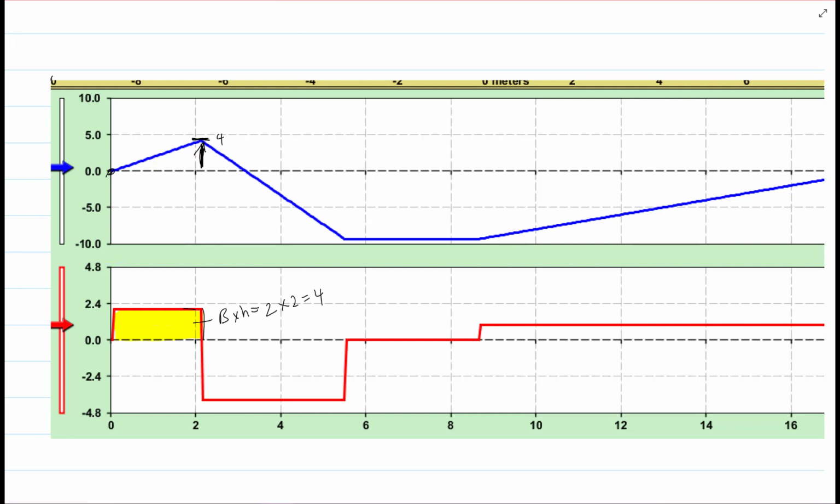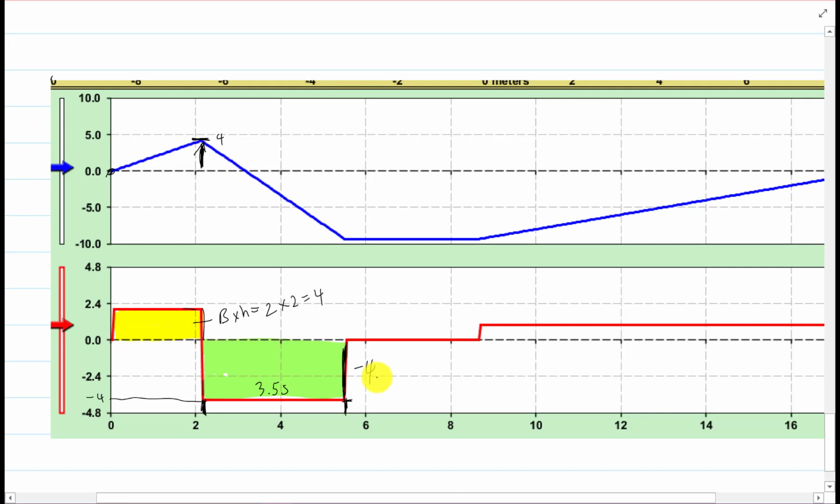And then for this area here, we have to go right to the 0 line. The base goes from just after 2 to 5.5. I would call that maybe 3.5 seconds. I'm just guessing quickly now, just to get through the lesson. And the height is roughly, what is that? 4 maybe, -4.